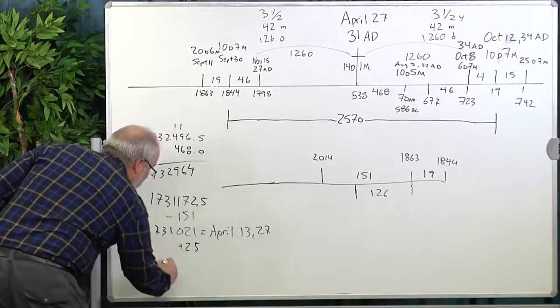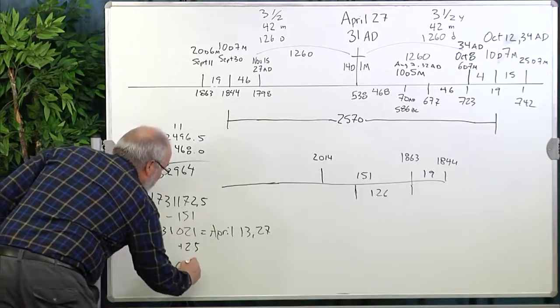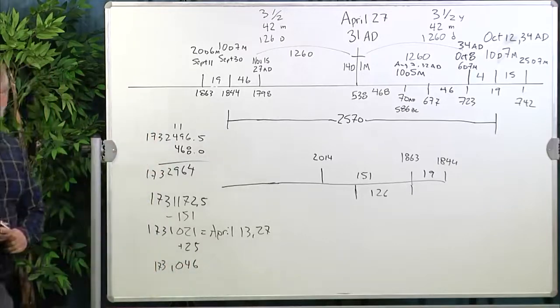So we could just simply add 25 to this. That would give us the number for 1989. I was going to do that, right? So I just took that off of the 151. I don't know if I should have done that, because that might confuse some people.